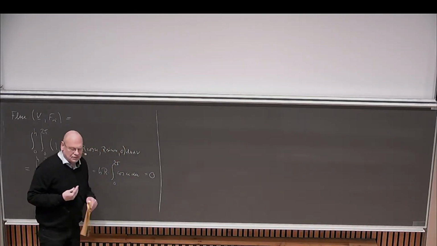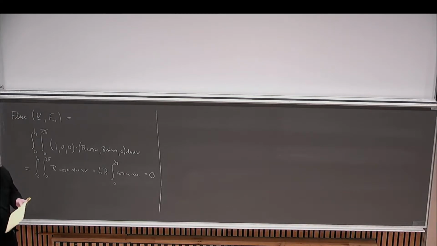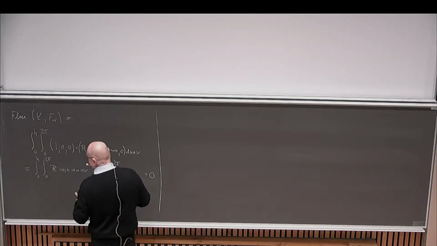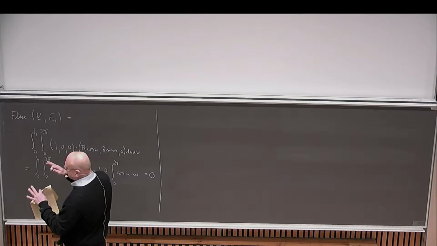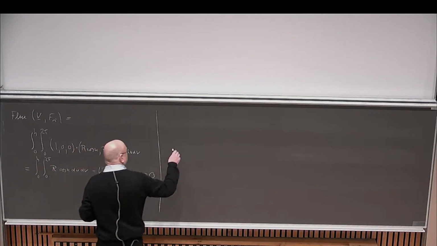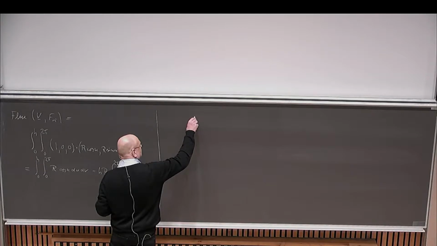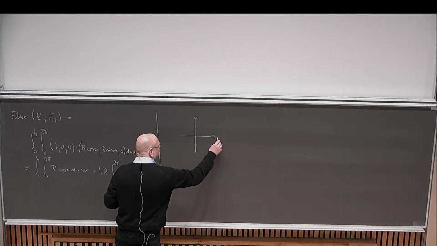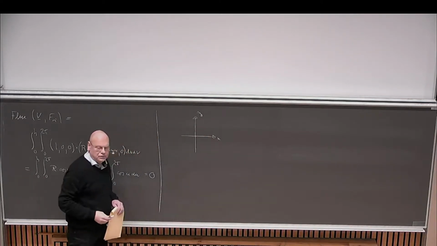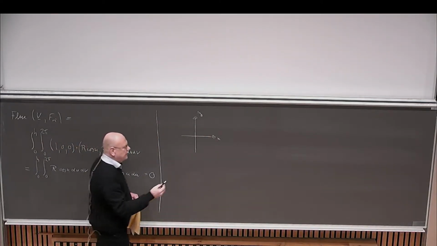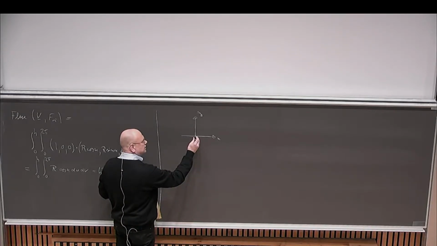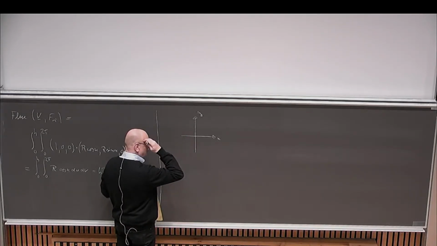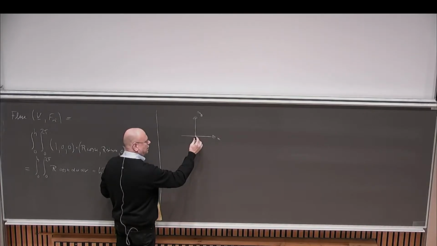Let's see if we can interpret this in a sense. Because what I'm going to do now is look at this cylinder from the top. So let's say we have our x, y coordinate system here, and the z coordinate is pointing out of the surface, perpendicularly.